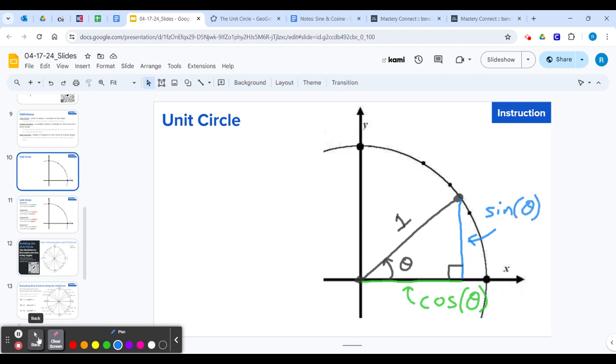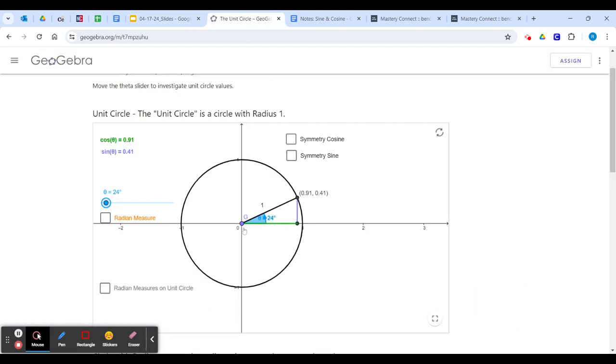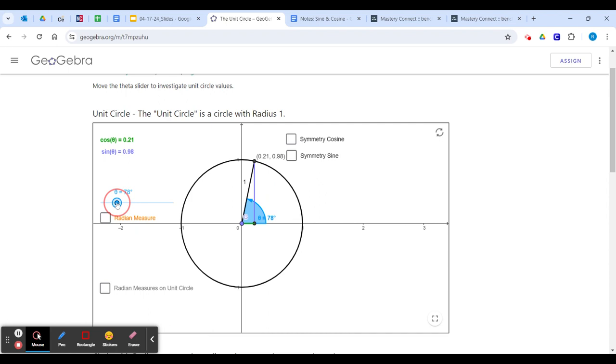So if we click to this GeoGebra tool over here, you'll see the same image shows up. From our origin, we have a line of 1, this black line here. We have a blue line coming down, that's our sine value. And our green line coming here, that's our cosine value, that's the width. As I rotate this by moving my blue slider, our triangle shape changes, right?